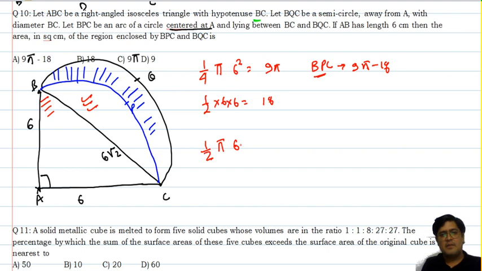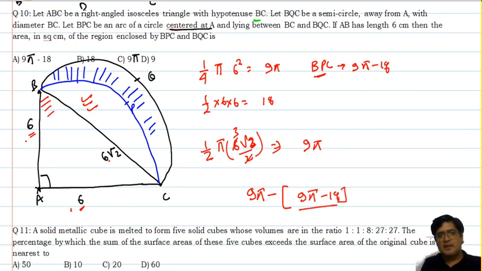What is r here? 6 root 2 by 2, because for an isosceles right angle triangle, the ratio is 1 ratio 1 ratio root 2. So here I get this as 3. If I square this, I have 3 square 9, 9 pi, 2 and 2 cancel. This is 9 pi. So my answer will turn out to be 9 pi minus 9 pi minus 18. This is the area of the portion BPC.